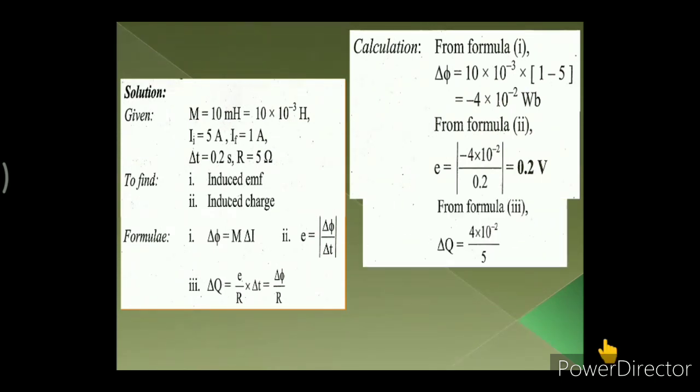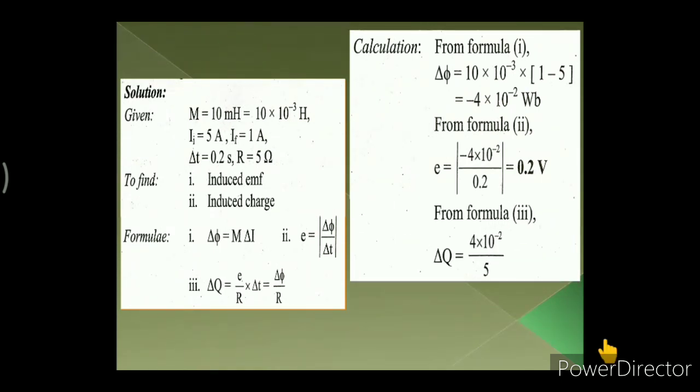Next we have to find the charge induced in a coil of resistance 5 ohm, for which we use the formula delta Q is equal to delta phi upon R. Now let's substitute the values. The magnitude of delta phi is 4 into 10 raised to minus 2 Weber, upon R which is 5 ohm.